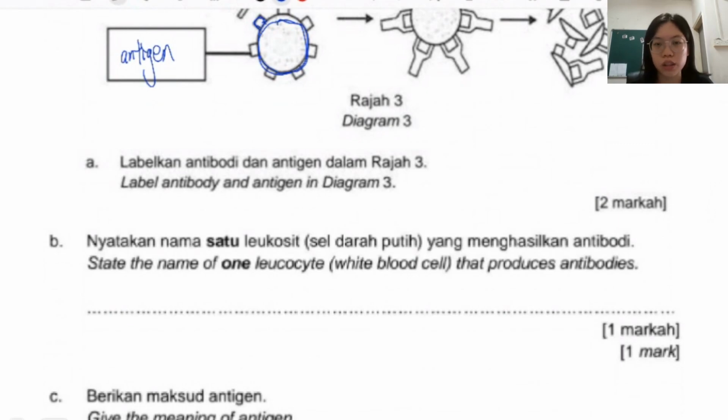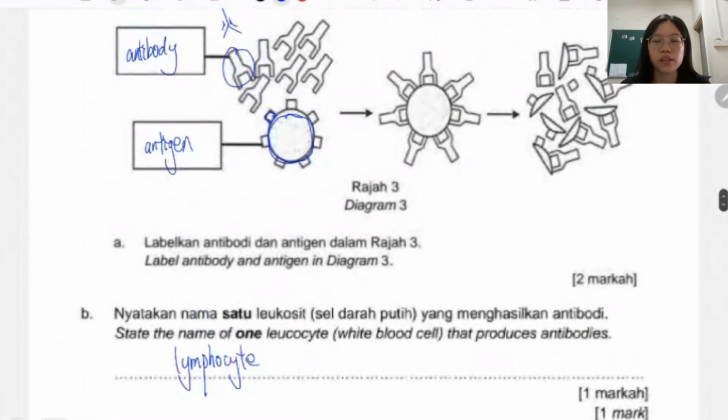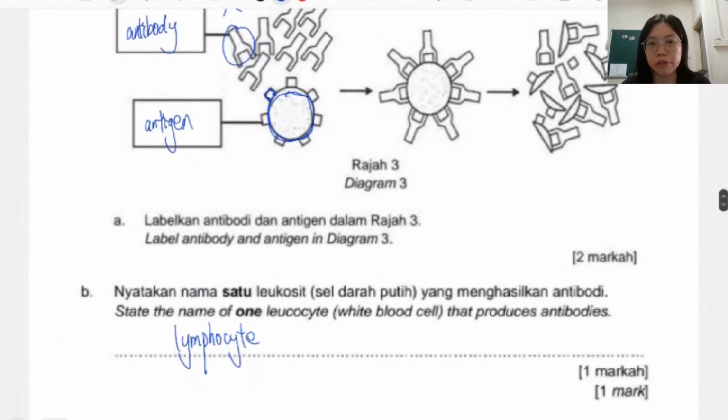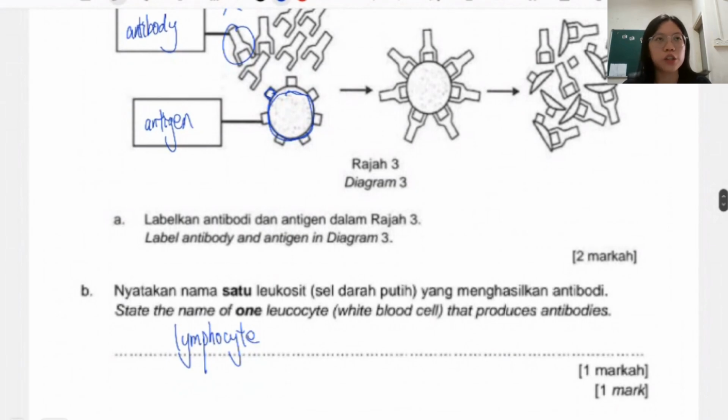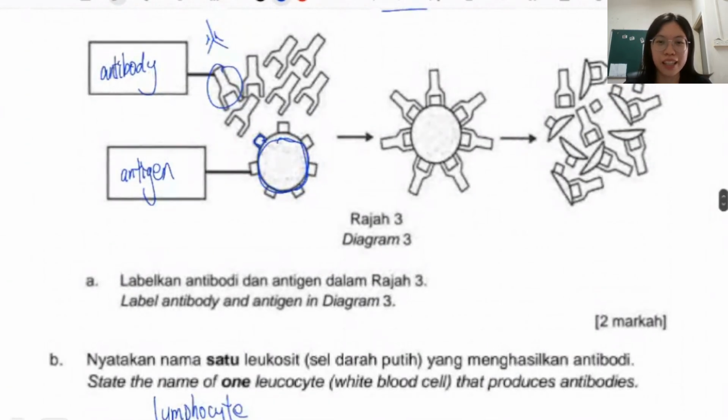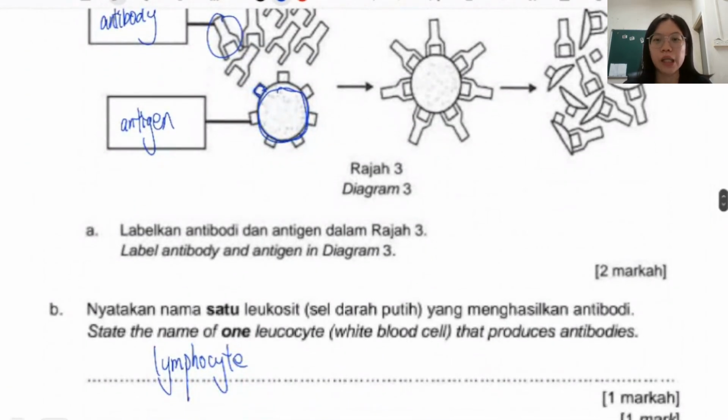So it's very obvious that it is the lymphocyte. If you want to be specific, you can mention B lymphocytes also. Because to be specific, B lymphocyte is the one that produces antibodies, but the answer scheme just straight out allows you to write lymphocytes, or else a lot of students will lose marks on this part if they didn't write B lymphocyte.